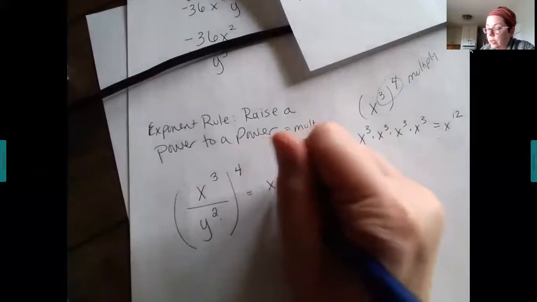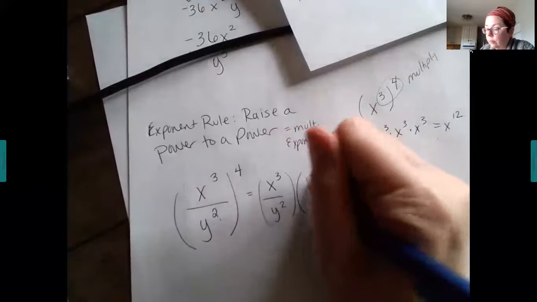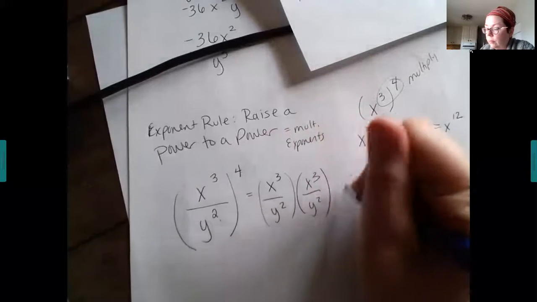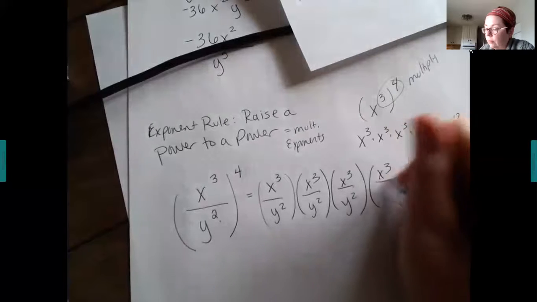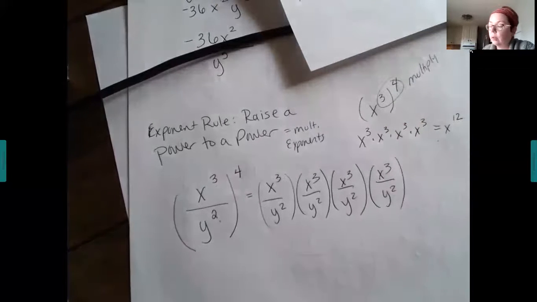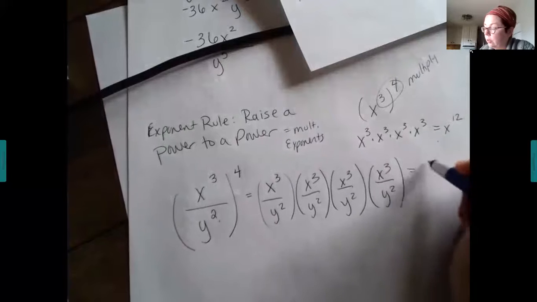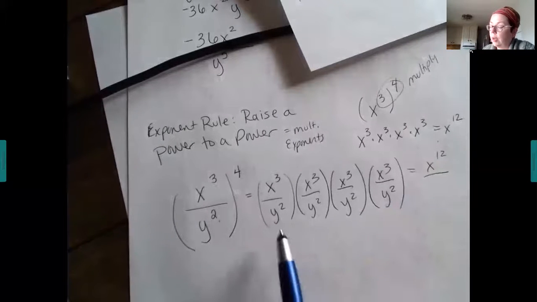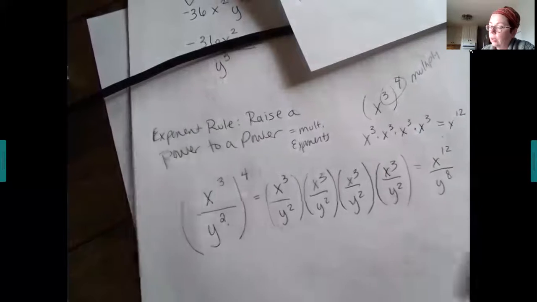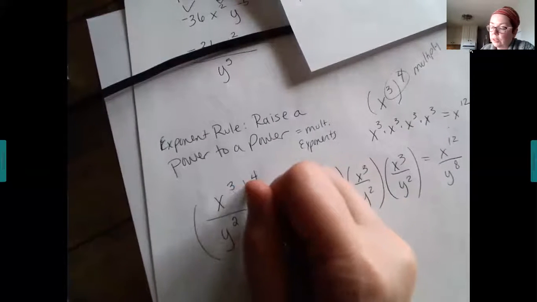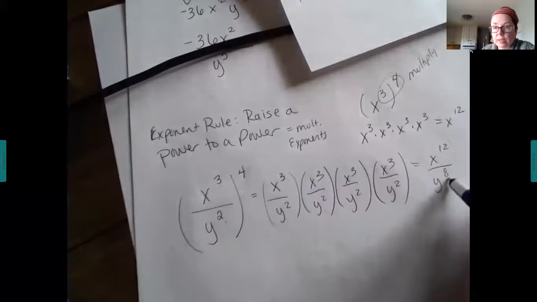So just like if we did this, again, when we add up all those exponents, we get x to the 12th. When we add up these, 2, 4, 6, 8, we get y to the 8th. Shorthand, where you multiply this 3 times 4, get to that 12. This 2 times 4 to get to that 8.